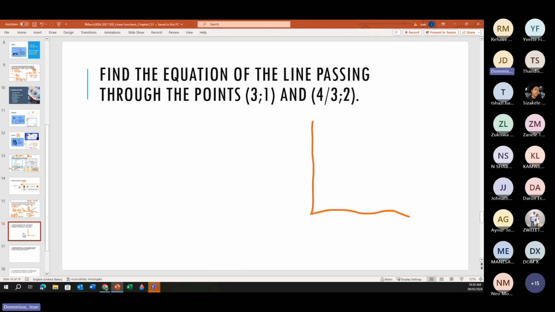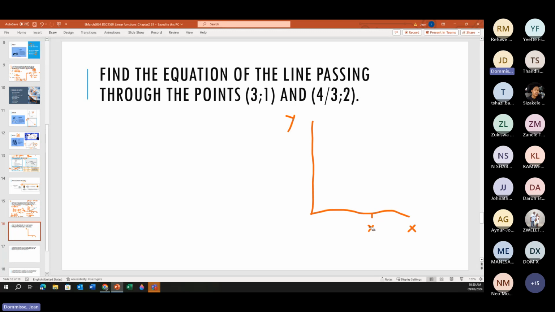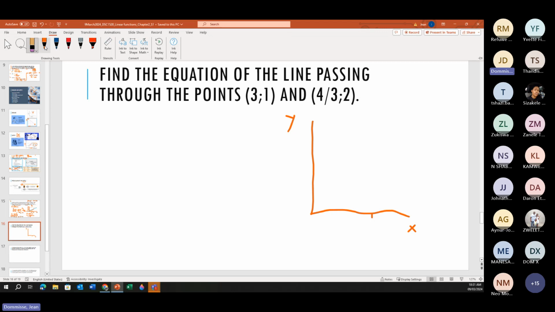So again, just see that they can ask questions very differently. So find the equation of the line passing through the points. So again, sorry, here we will now assume it's x and y. We can use the other ones as well. I like to use the x and y because that makes me much more comfortable.